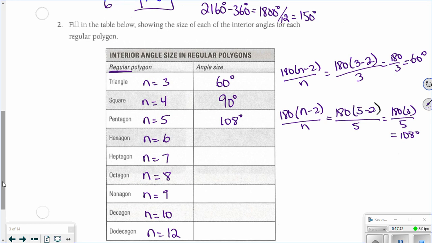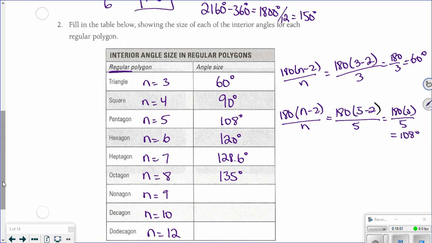Okay, exact same process every single time. 6, we already did, is 120. 7 doesn't work out nicely, it's a rounding one, 128.6. 8 is going to be 135.